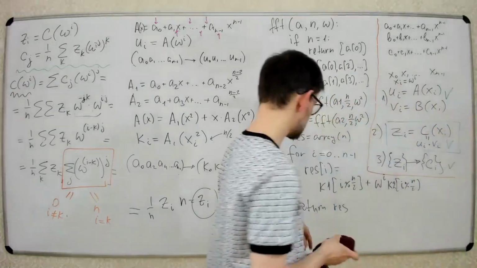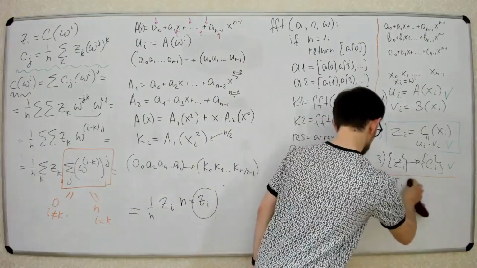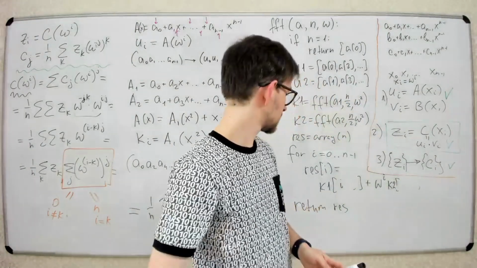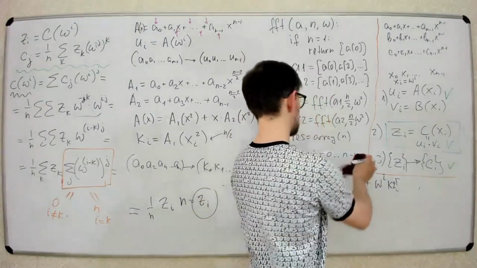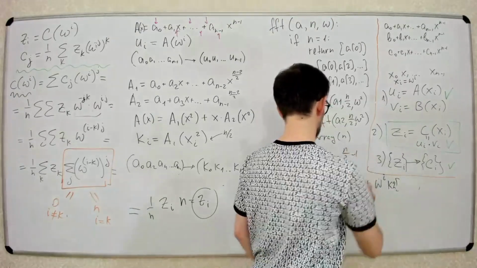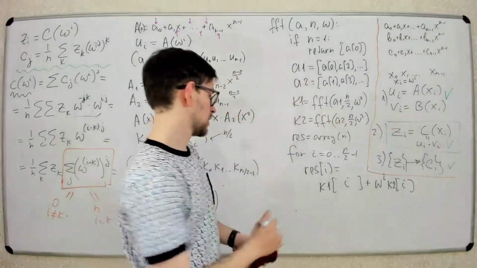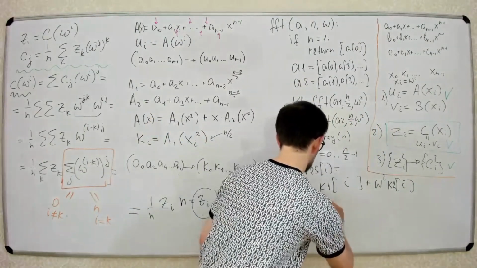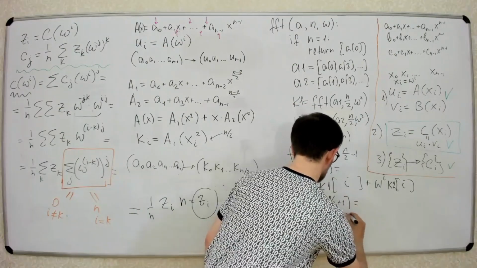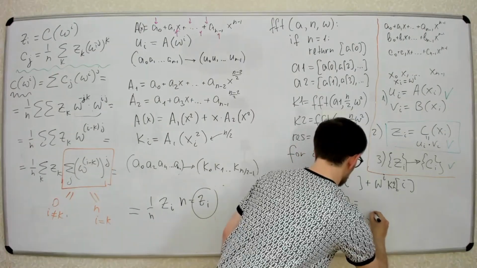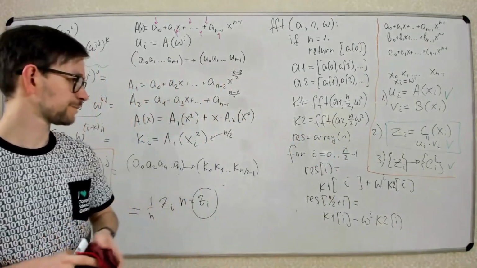Let's rewrite it actually. You can rewrite it slightly less ugly like this. You can iterate up to n over 2 minus 1, and here you have i minus 1, and calculate res in position i plus n over 2 as a minus w to the power i times b.